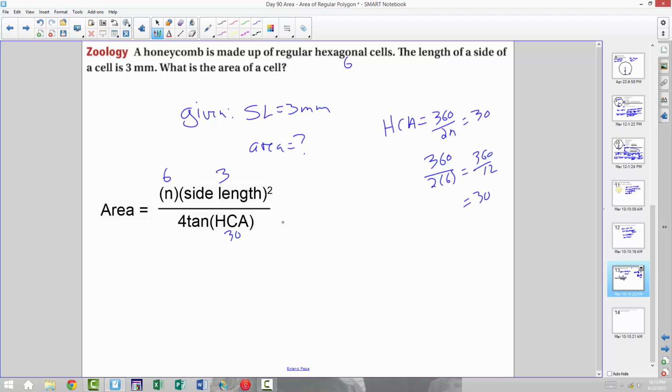So let's plug it in. I have 6 times 3 squared over 4 tan 30. That gives 23.4, so my area is about 23.4 millimeters squared.